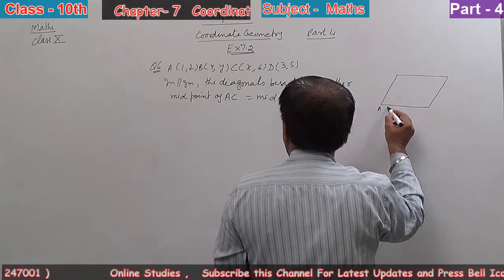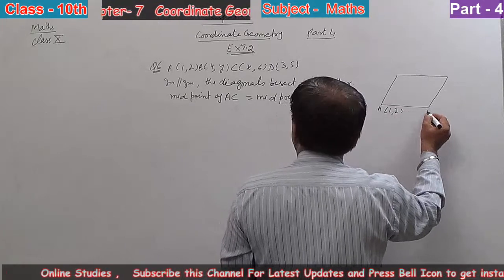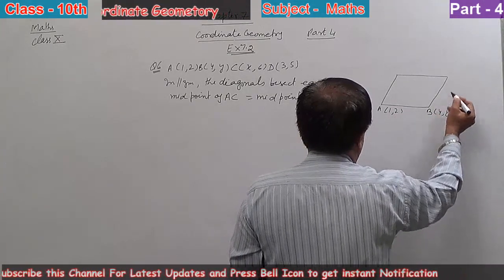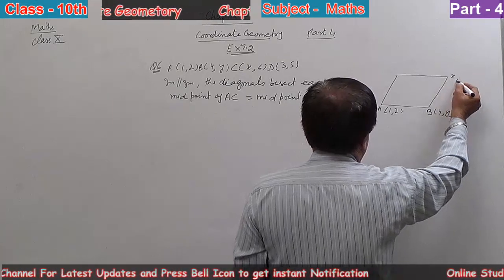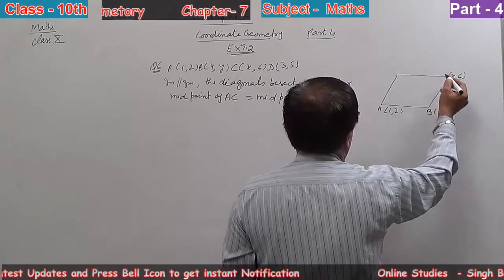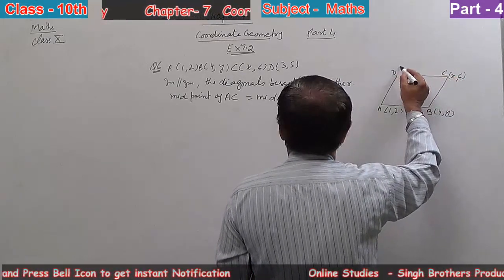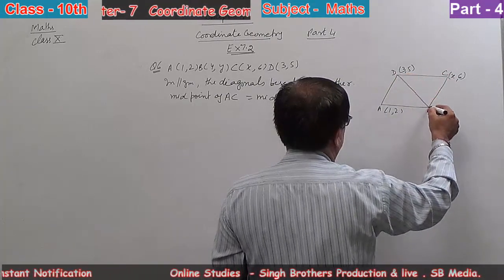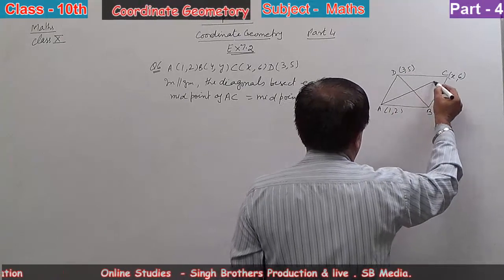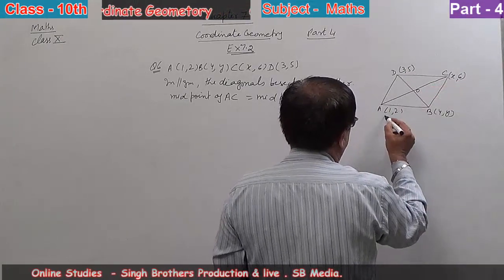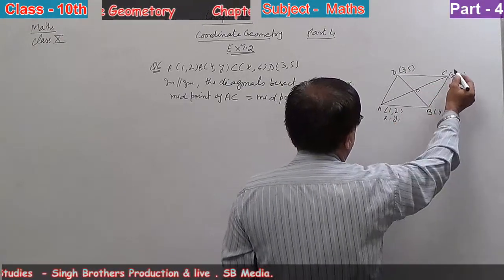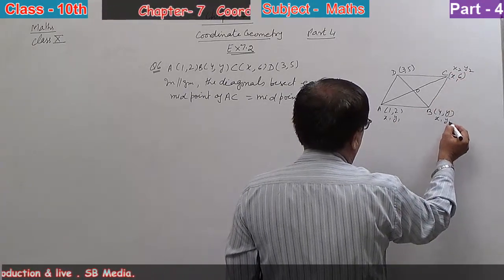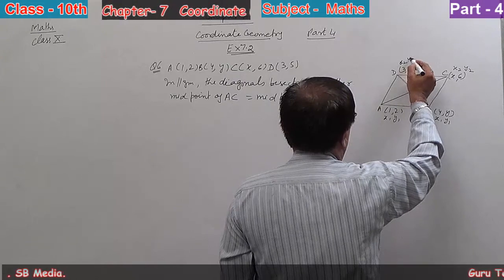A coordinate is (1, 2), B is (4, y), C is (x, 6) and D is (3, 5). So, the midpoint is O. This is x1 y1, this is x2 y2.